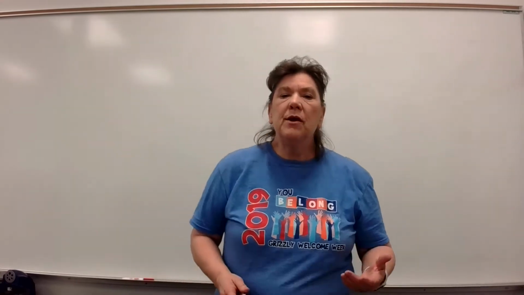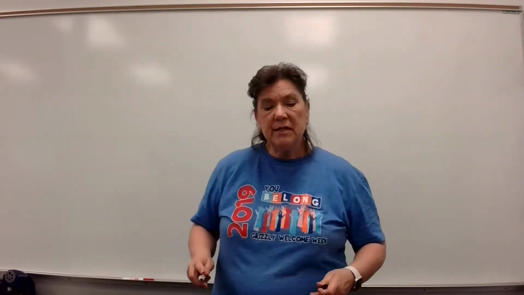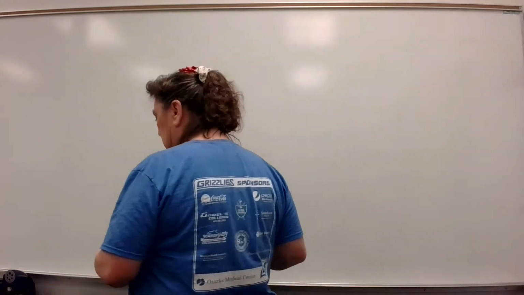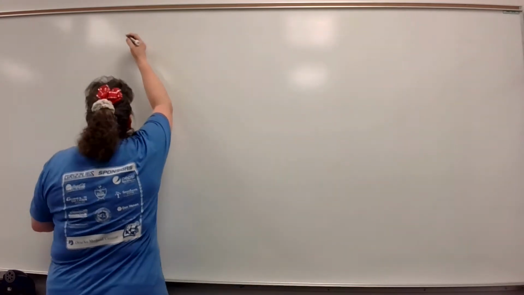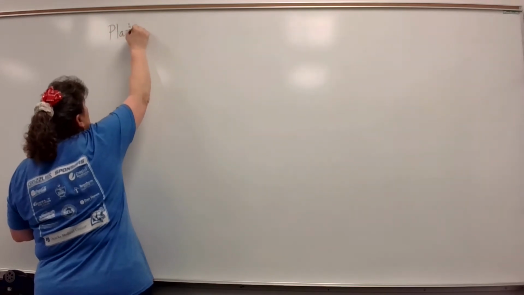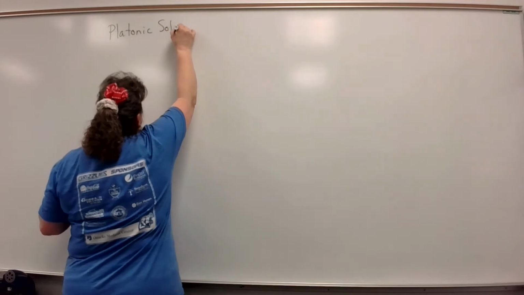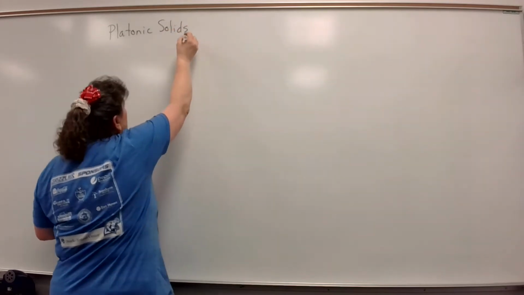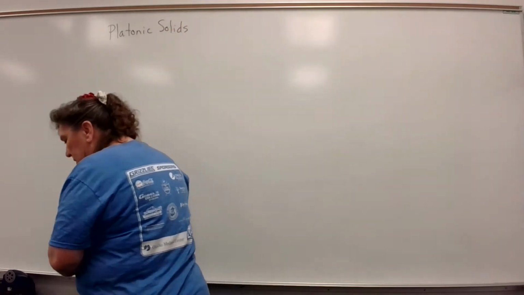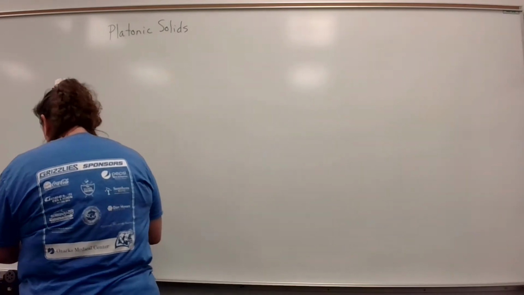Okay, so now we're going to look at a specific kind of polyhedron, and these are called Platonic solids. To be a Platonic solid, they have to match certain requirements. So what makes a Platonic solid a Platonic solid?